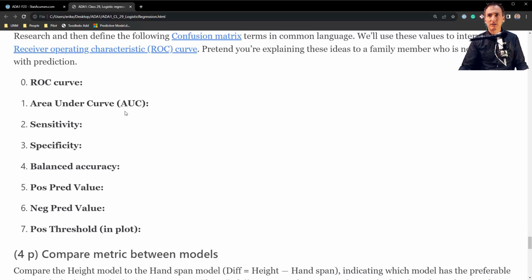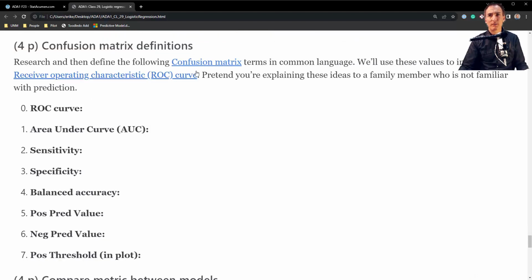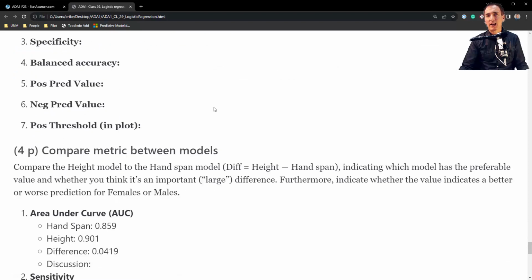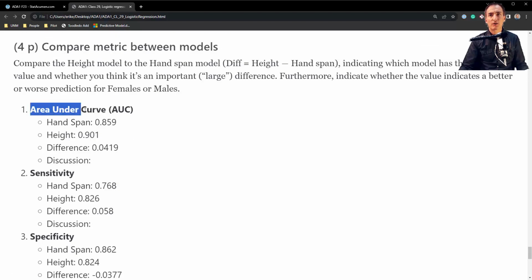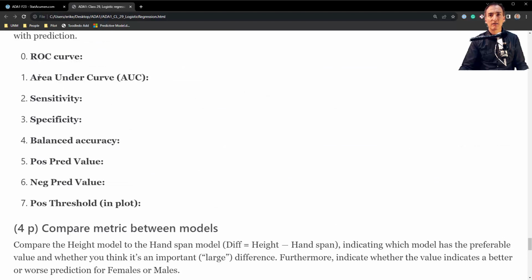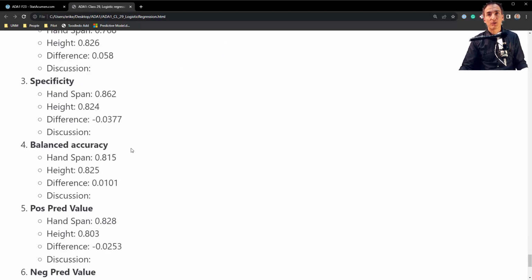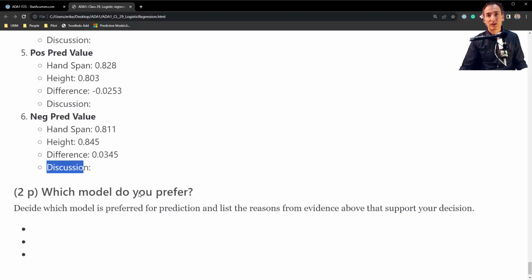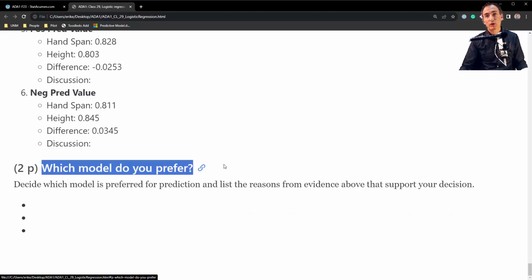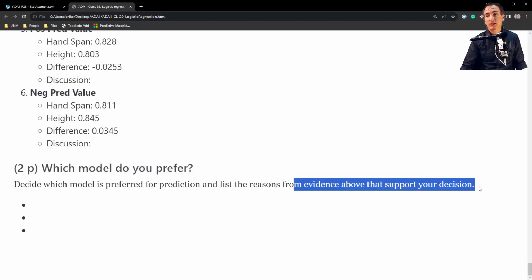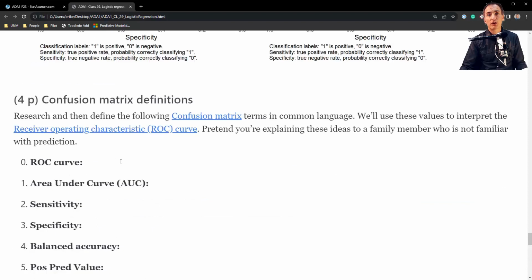We are going to define all these terms by using Wikipedia links here, and then for the key values 1 through 6 here to interpret, I've already filled in the values for you. Oh, you're welcome. And then I'm going to have you discuss what it means in the context of our problem. So we've got these 6 to discuss, and then I need you to tell me which model you prefer and the evidence that supports that decision. Okay, so those are the 3 things we're going to do.